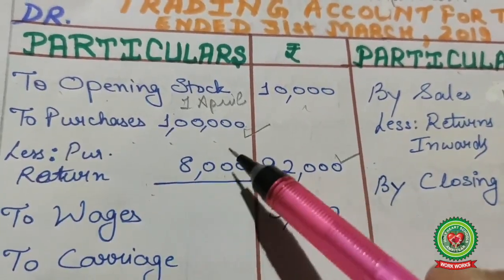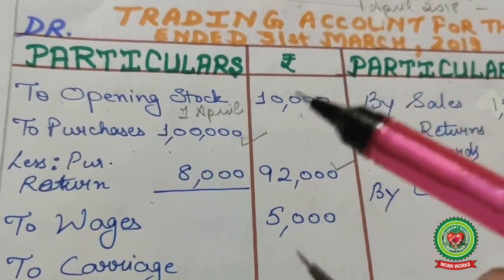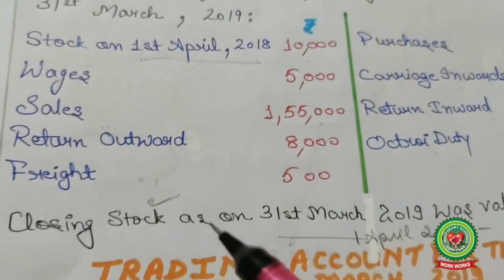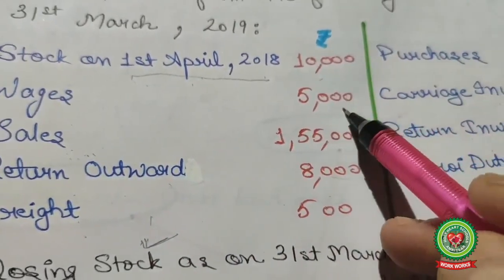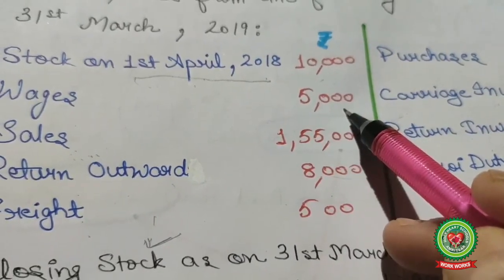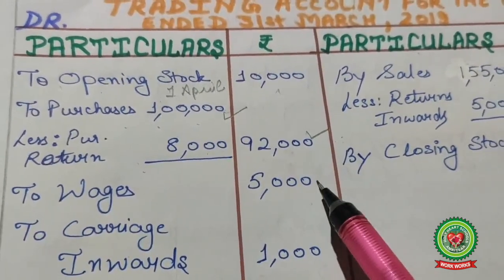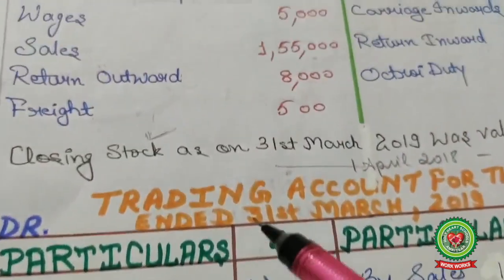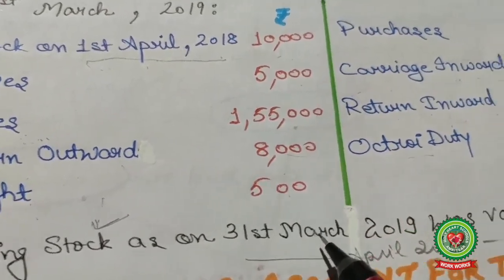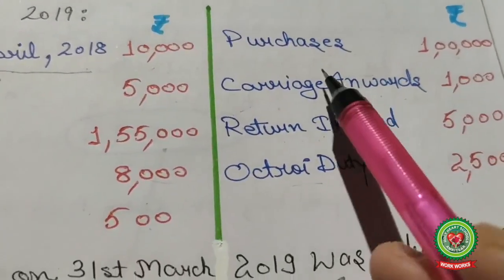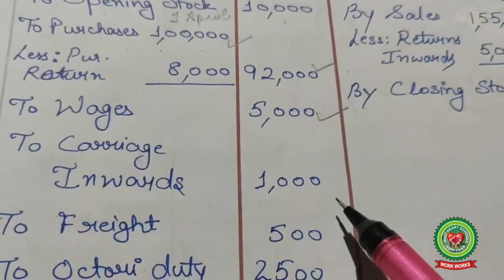After this, direct expenses, which are directly on the production part. Number 1 expense is wages. We provided wages to the workers for the production part, so wages 5,000 recorded here. Next, carriage inward 1,000, record here.